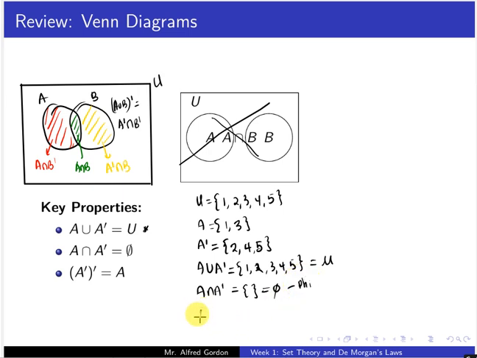Then we have the complement of the complement of A. That means elements in the universal set not in A complement: we have 1 and 3, which equals the set A. So the complement of A complement gives us the set A.